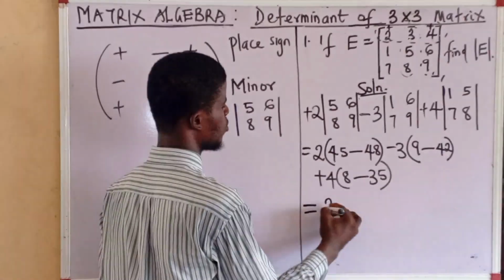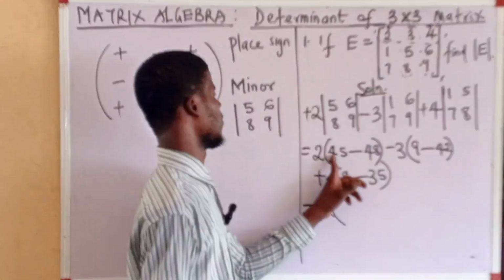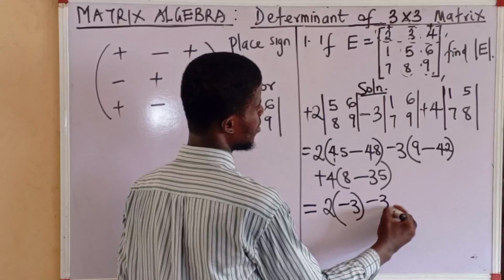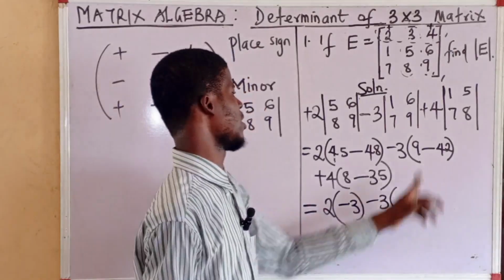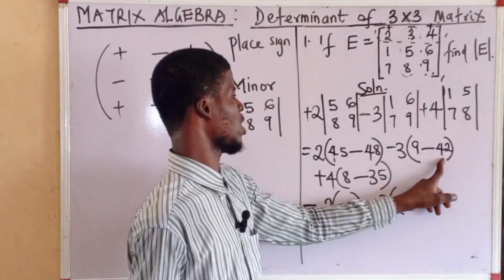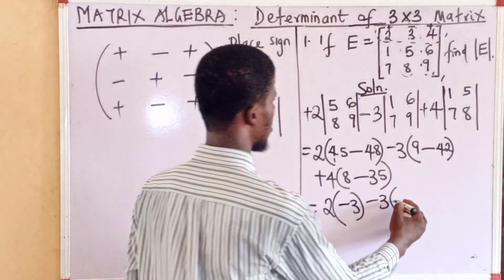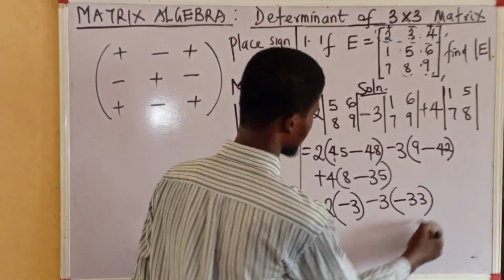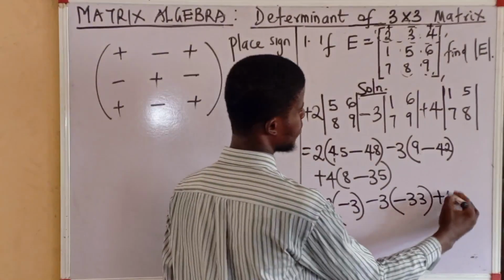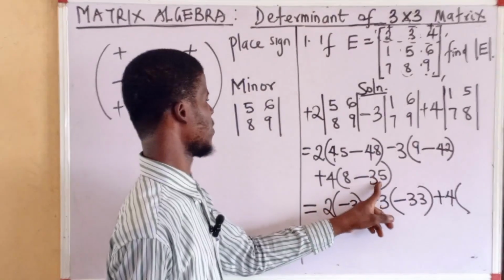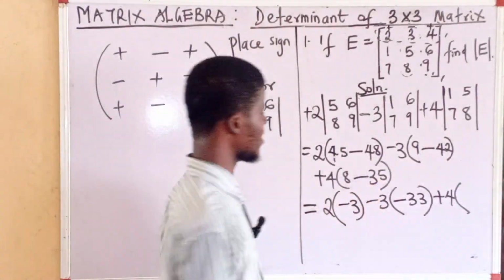So we have 2 in bracket, 45 minus 48 is minus 3, minus 3 in bracket, 9 minus 42, that should be minus 33. Yes, minus 33. Plus 4 times 8 minus 35 is minus 27.